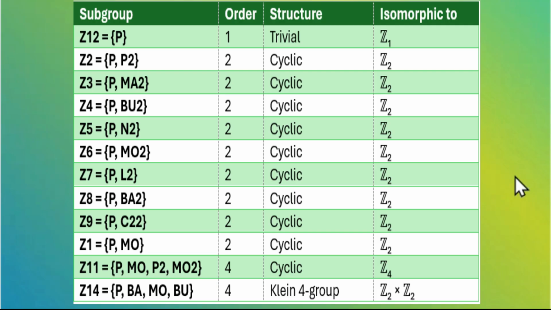It's a non-abelian structure as well. The full group with the 16 elements is non-abelian, and we have a Klein 4 group present in our subgroups. Okay, so that's all.